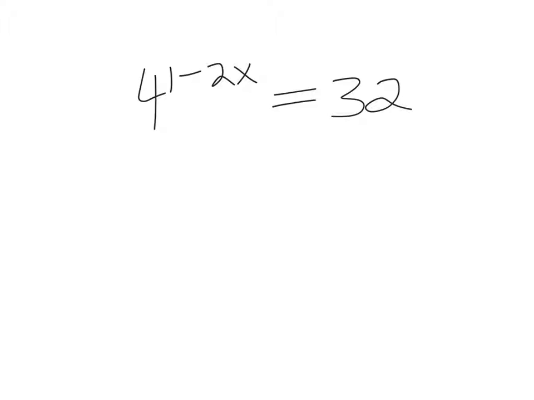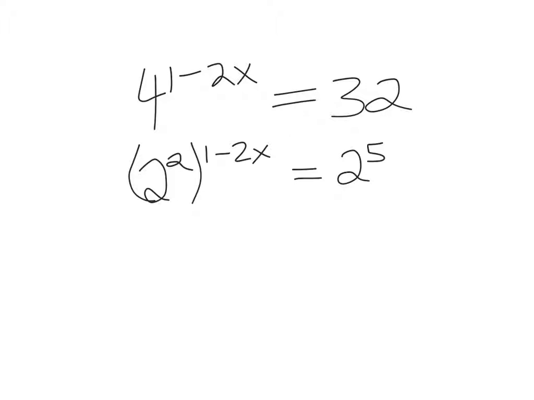So I'm going to work on this number. I know that 4 can be rewritten as 2 squared. Okay, and then that would be the same thing as 4. So I can replace 4 with 2 squared, and then 32 is 2 to the power of 5. Okay, and then I can do the same thing. So I can cross these off and have 1 minus 2x equals 5. And you can do it out that way.